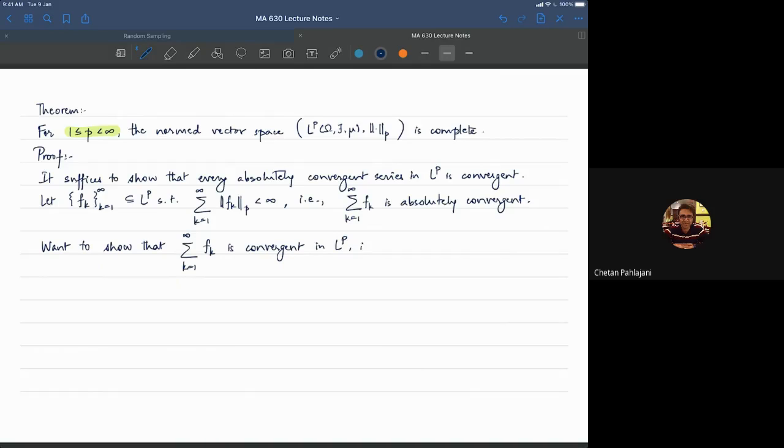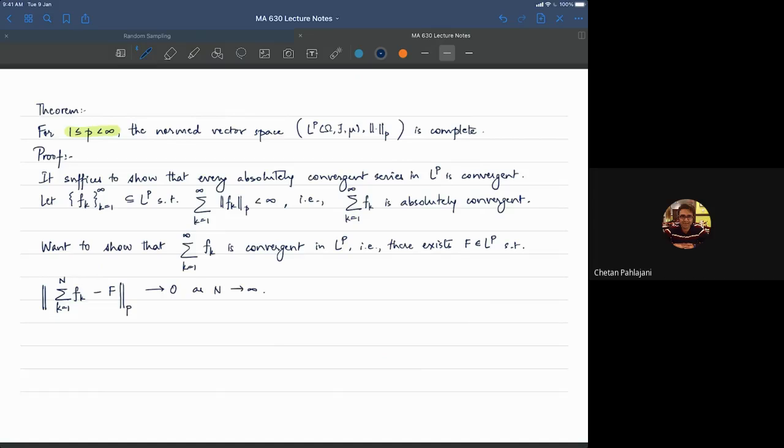So what do we want to show? That there exists a function, and here I'm going to use capital F, in L^p such that the norm of the sum over k from 1 through N of small f_k minus capital F in L^p goes to 0 as capital N goes to infinity.